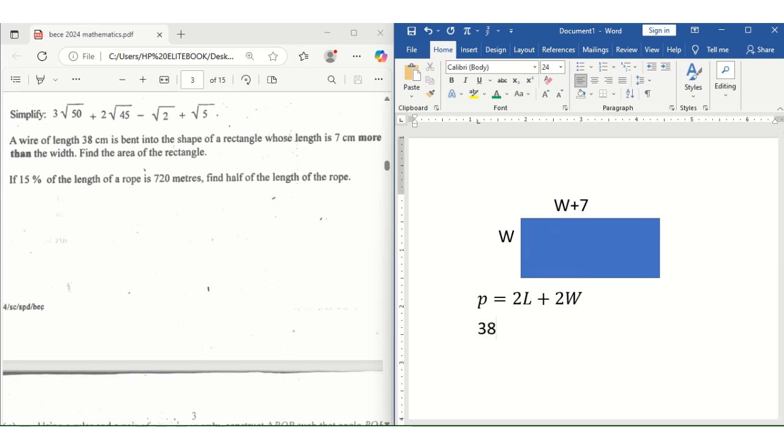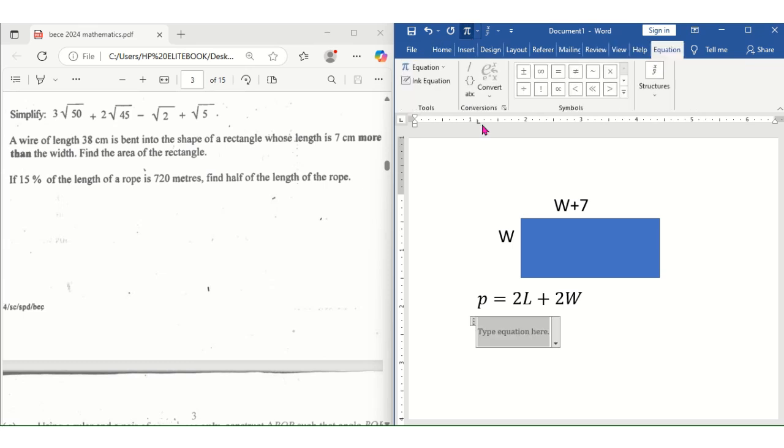So this 38, which is the perimeter of the rectangle now, will be equal to 2 length plus 2w. Now we know our length to be w plus 7.